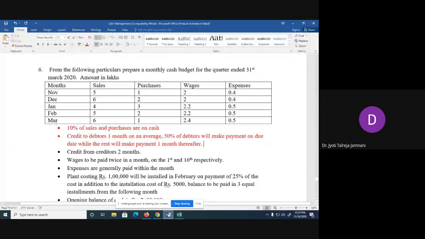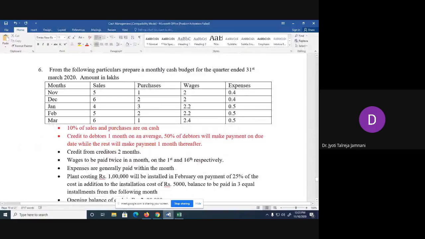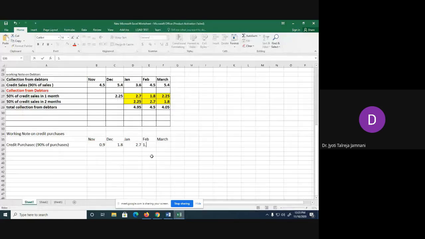Then January it is 3, 90% of 3 is 2.7. Feb it is 2, 90% of 2, 1.8. March it is 1, 90% of 1 is 0.9.